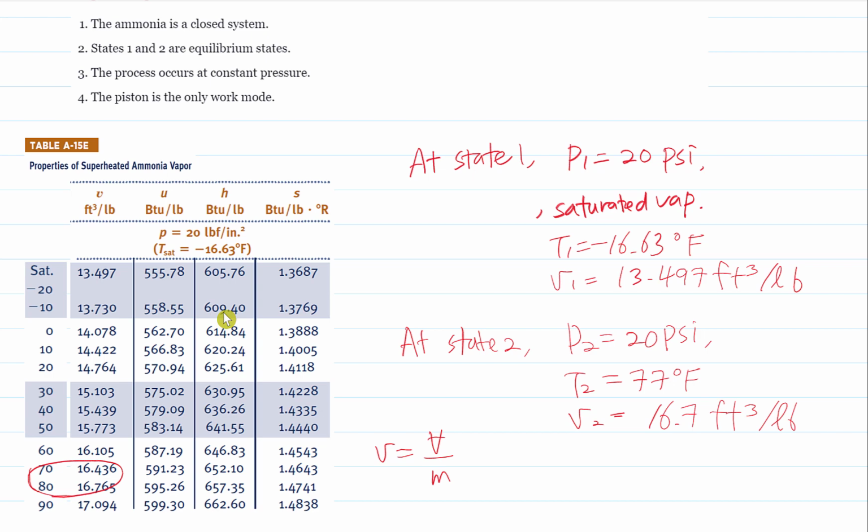So at the initial conditions, V1 is specific volume times mass. The mass of the system doesn't change since it's a closed system.